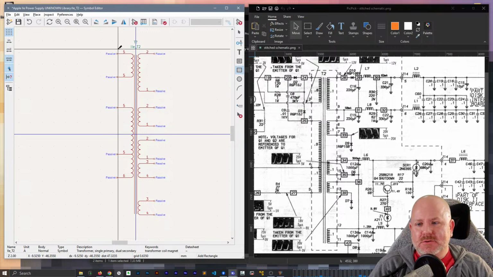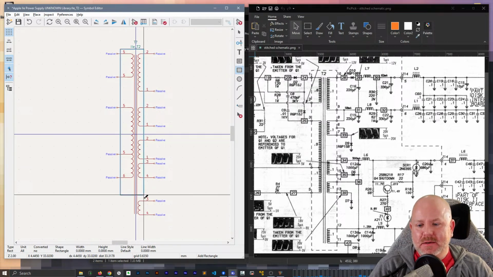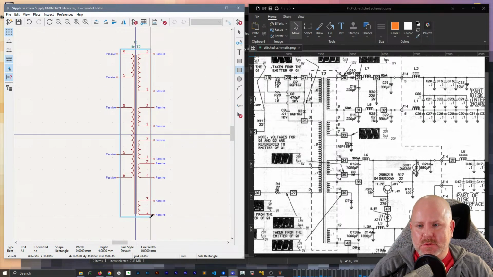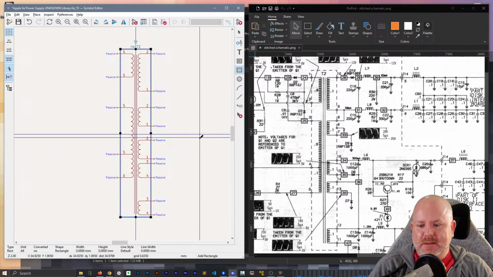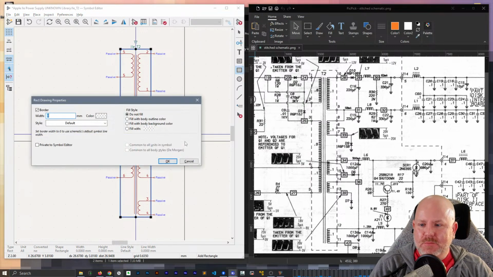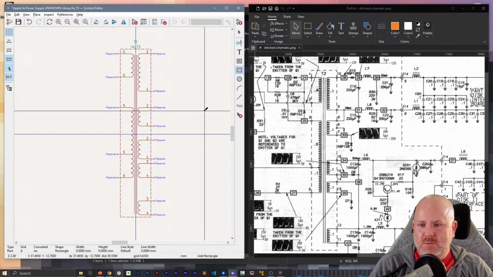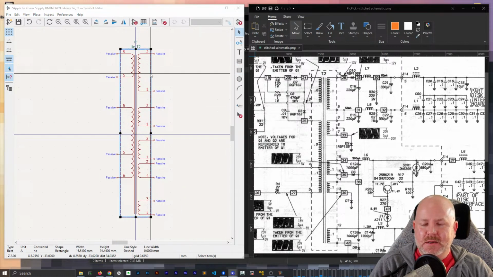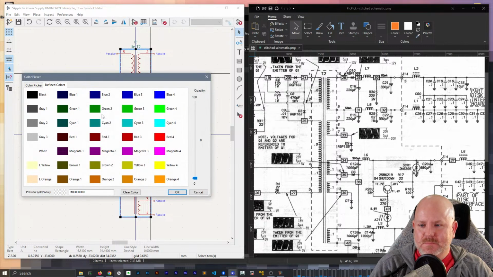Okay, what I would like to try is, could we get a box around like this? And then can we make that dashed? Ooh, I like that. And then can we change its color? I just want to make it less magenta.